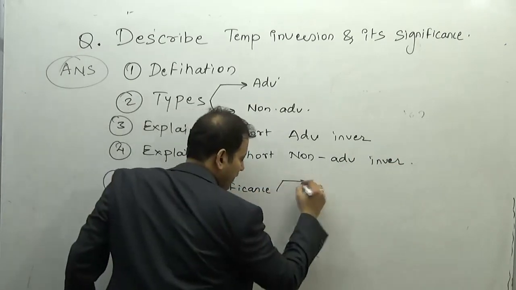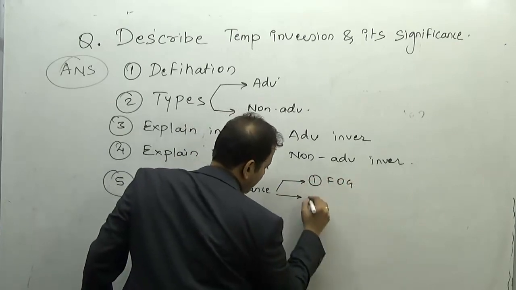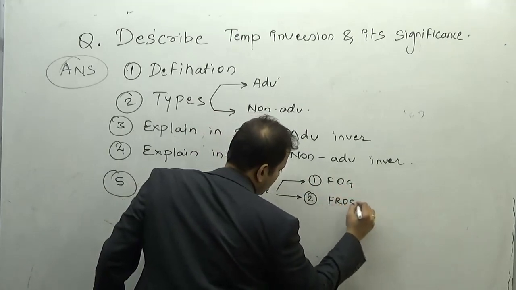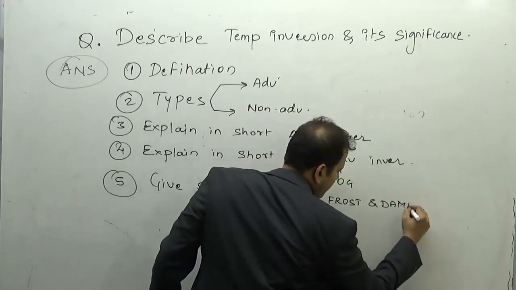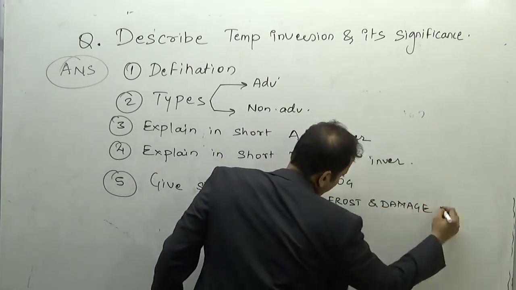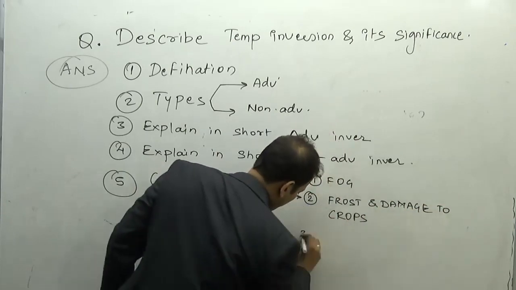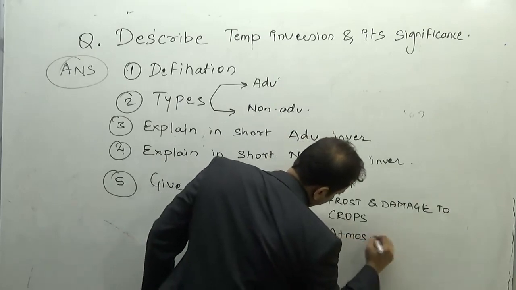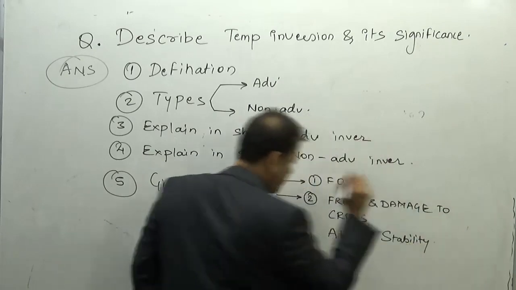In your significance, one point should be of fog, the second point should be of frost and damage to crops, the third point should be of atmospheric stability.